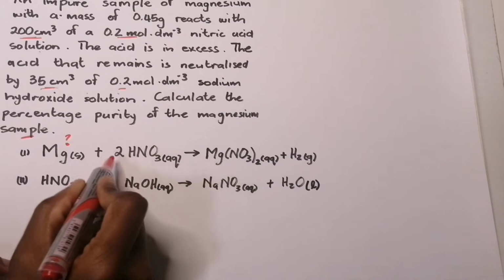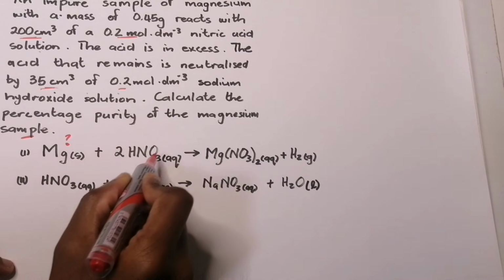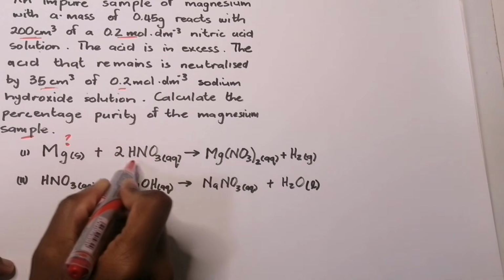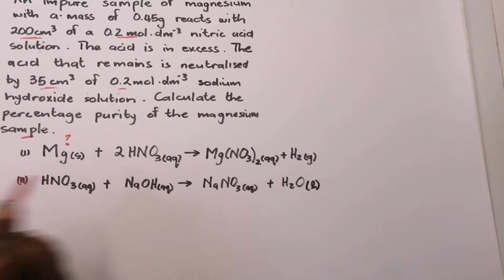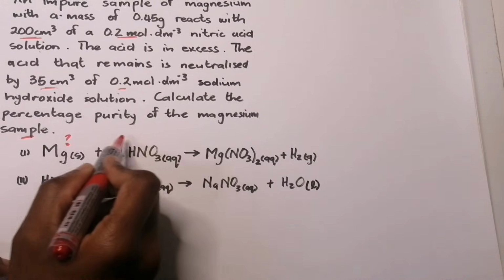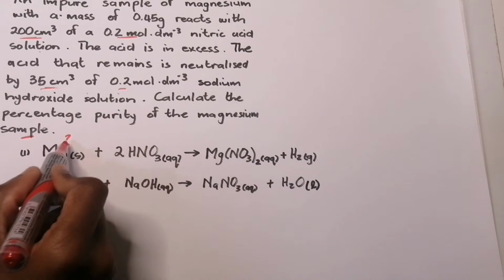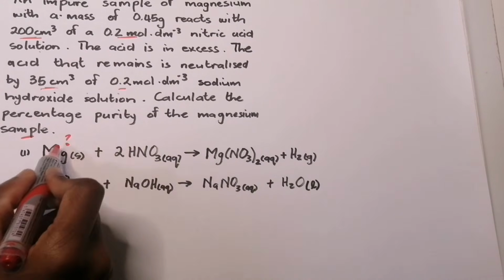I'm just going to say, well, first of all, it means that I need to find out how much nitric acid reacted. Why do I want to do that? If I can find out how much acid reacted, it will help me using my stoichiometric ratios.